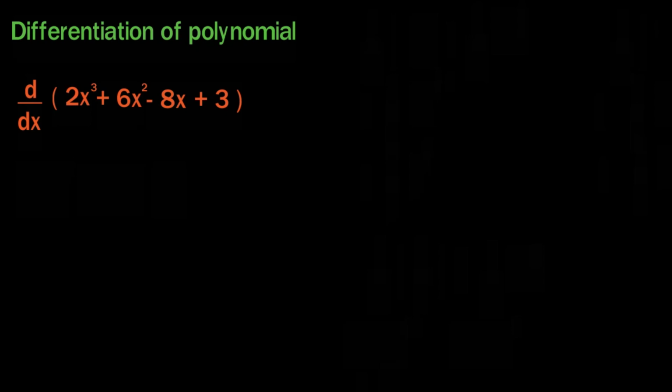So 3 multiplied with 2 is 6x, 3 minus 1 is 2, plus 6 multiplied with the power, which is 12, and 2 minus 1 is 1. And here, since the power is 1, multiplied with 8 is also 8, and 1 minus 1 is 0, so x to the power of 0 is 1. And differentiation of a constant is always 0, so we have the answer like this.